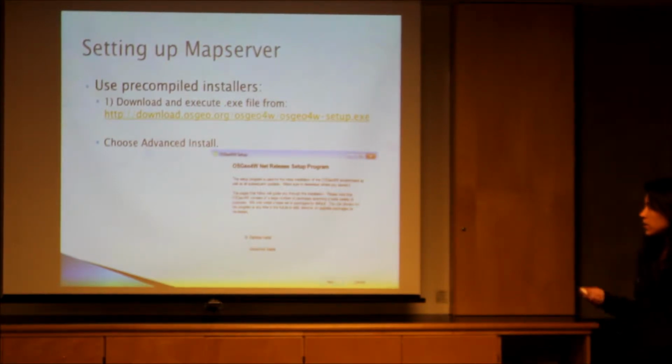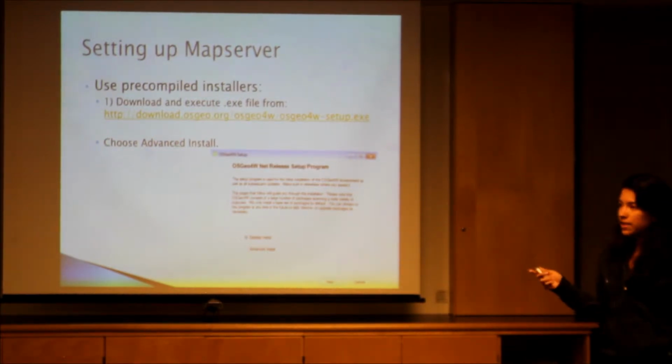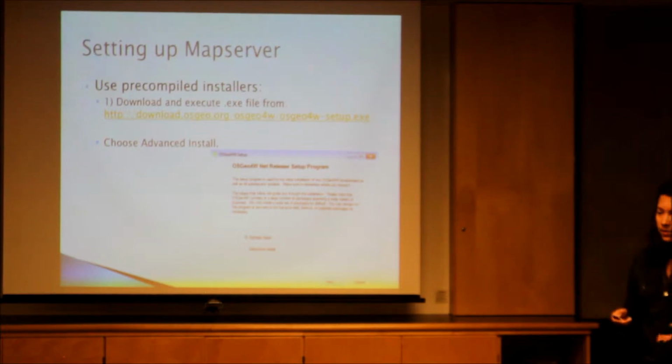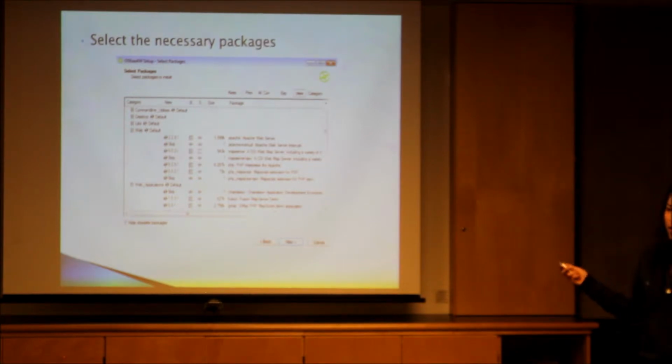When you use a pre-compiled installer, you will basically want to do an advanced install, because the Express install doesn't have that many features. If you want more flexibility, you would use an advanced install, and then you will have a list of packages that you would like to use. So if you would like to use PHP or Python or anything, you can select the ones that you want.